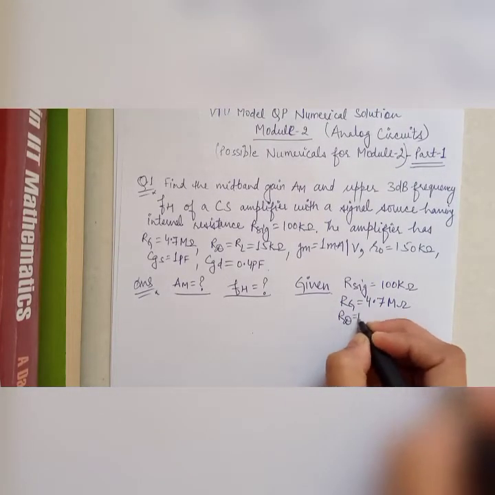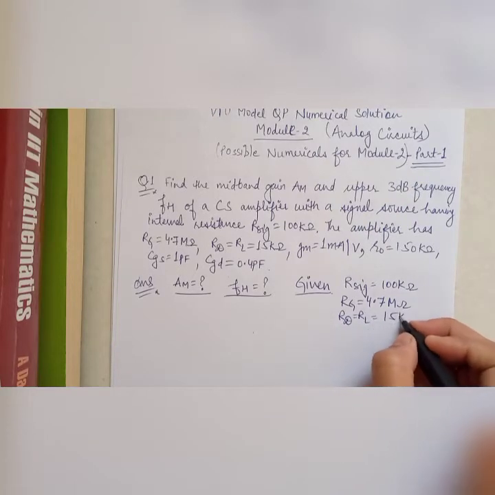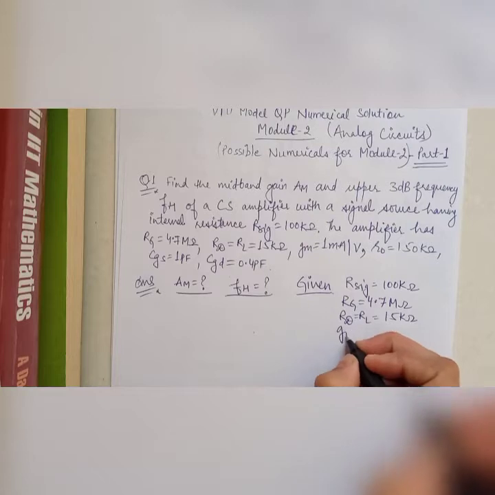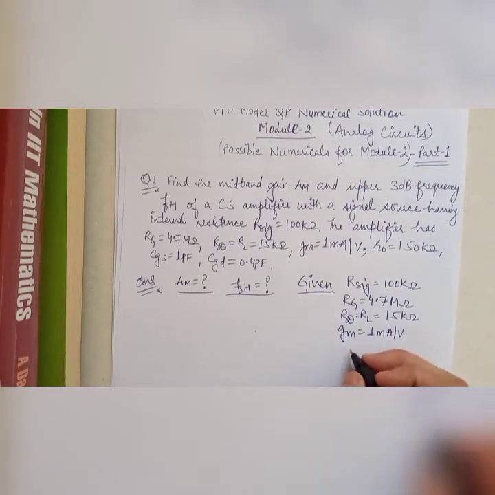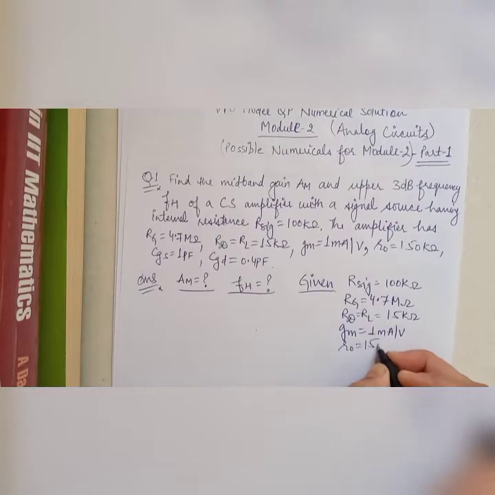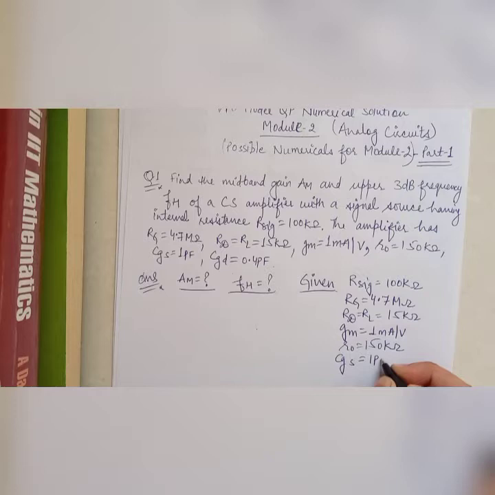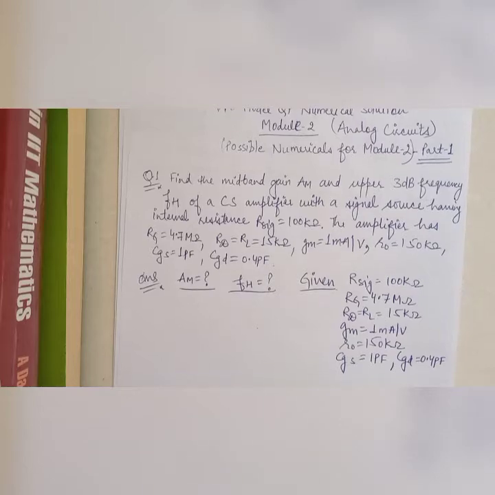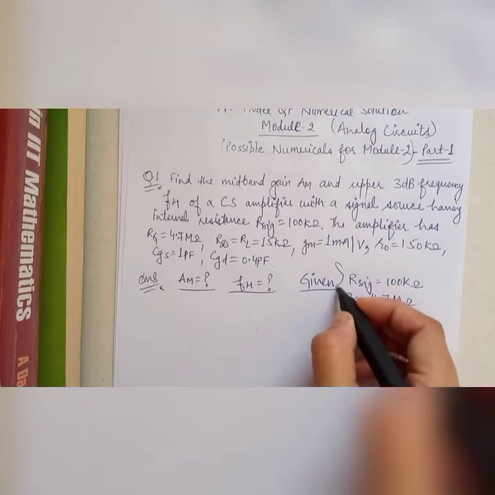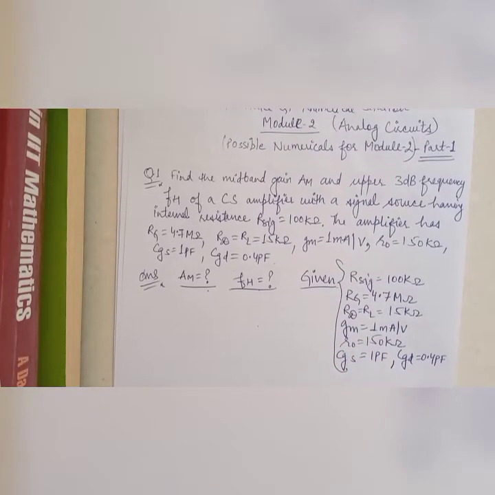RD and RL value, which is 15 kilo ohms. GM is 1 milliampere per volt. R naught is 150 kilo ohms. And CGS is 1 picofarad given to you. CGD is 0.4 picofarads available to you. So you have to make use of these given values in order to find AM and FH.